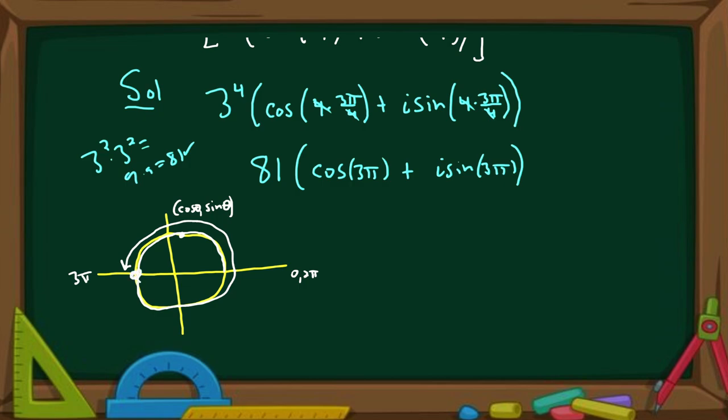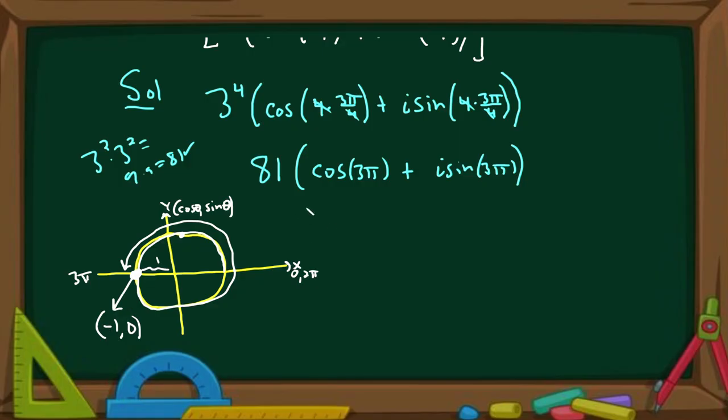So we want the ordered pair here. Because it's the unit circle, this distance here is 1. So the x-coordinate is -1. And you can see here we're on the x-axis, so we're going up by 0. Cosine is the x-coordinate on the unit circle, so cosine of 3 pi would be -1.